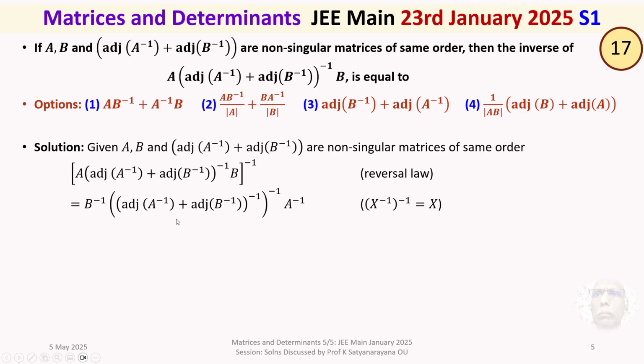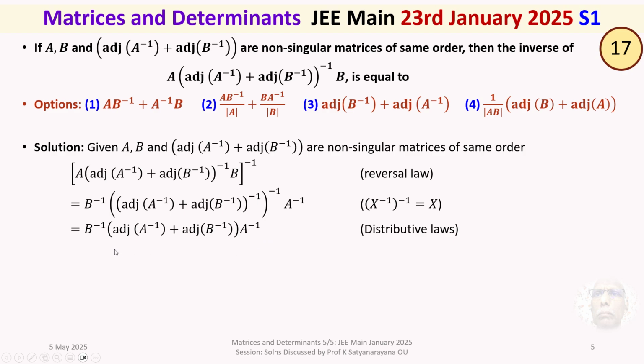Right. Now here the inverse of adjoint of A inverse plus adjoint of B inverse is without this inverse. The inverse is to be taken out. Why? We use the result x inverse inverse is equal to x. So that is equal to B inverse, adjoint of A inverse plus adjoint of B inverse, the inverse is not there, into A inverse.